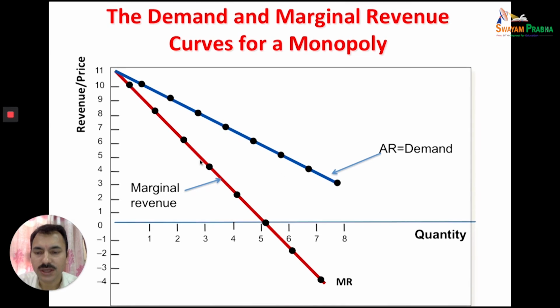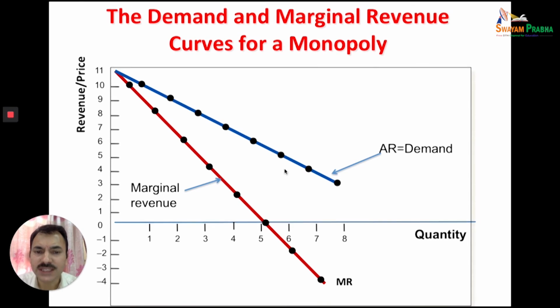Negative slope, downward sloping of MR, marginal revenue. The red is marginal revenue, and the blue is average revenue, which is equal to demand also. So downward sloping. In the coming lecture we'll discuss that the same diagram will be used in monopolistic competition also. But in monopolistic competition, AR will be flatter as compared to monopoly.